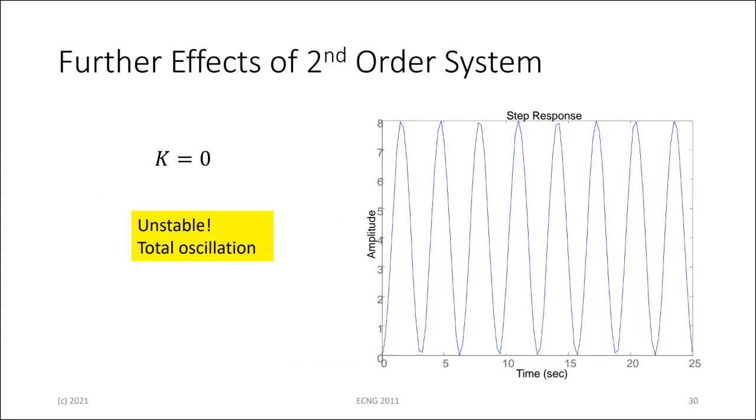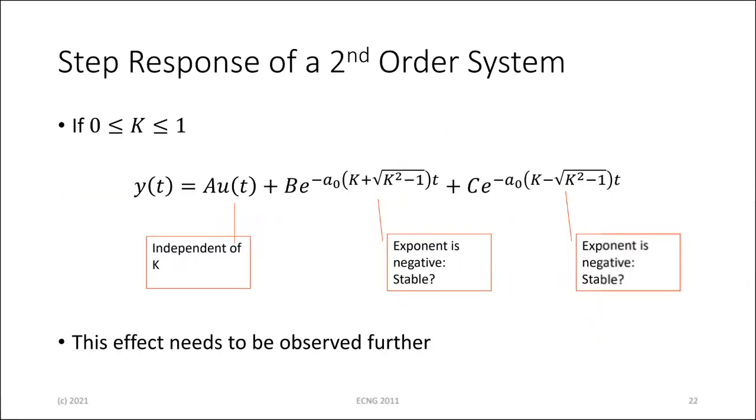So here's K equal to 0. The thing is oscillating all the time now. At this point in time, the resolution is kind of poor here, but it's a sinusoid. Remember the K equal to 0 inside of here. If we go back to the expression here, and I put K equal to 0 inside of here, you have full oscillations going on, because if K is 0, then we're going to have an e to the minus j a naught t.